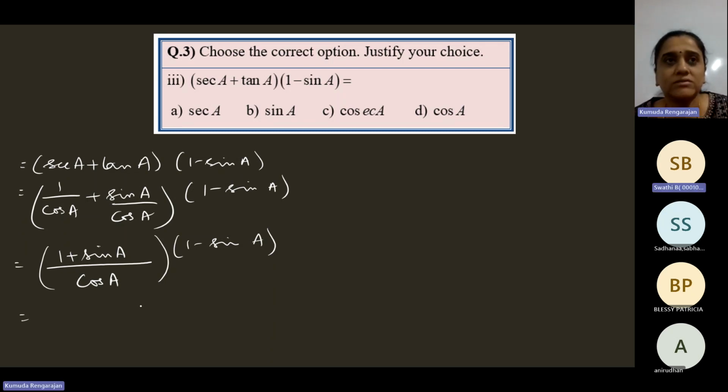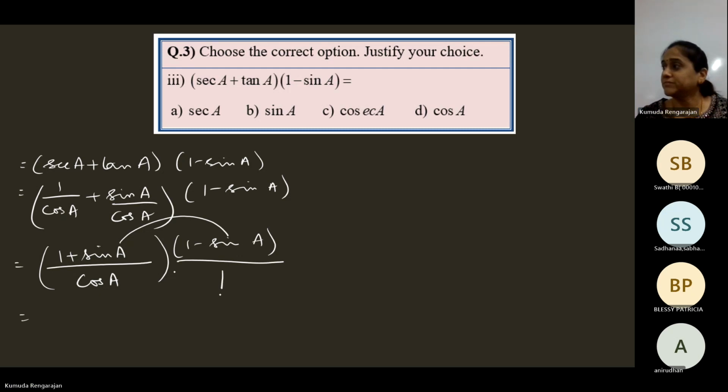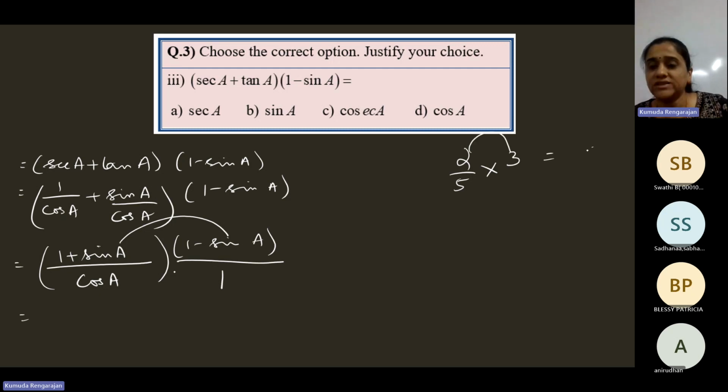We can use the A plus B and A minus B. We'll have to multiply the numerators. This is like by 1 here. See, if you have 2 by 5 into 3, what will you do next? 2 into 3, 6. 6 by 5, no? Won't you do this? Same thing. It's multiplication, so we'll have to multiply the numerators using the identity.